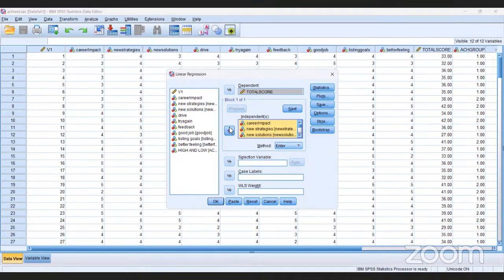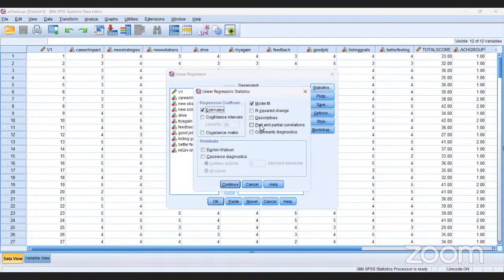This is clear. Now it is Statistics. Estimates is there. And if you are interested, you can take the confidence interval. That is not required now here. You can check the Plots.